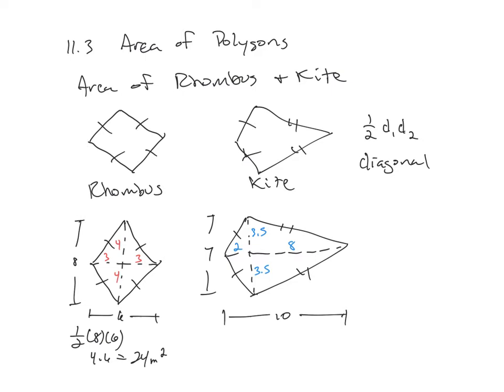So those add up to 7 and to 8. So 1/2, 10, and 7. You can do 1/2 of 7, it's 3.5, but if it's an odd number, you don't really necessarily want to do that. But 1/2 of 10 is 5, times 7 is 35, feet squared, inches squared, whatever the measurement is. Okay, so for the kite and the rhombus, there's just 2 questions each there.